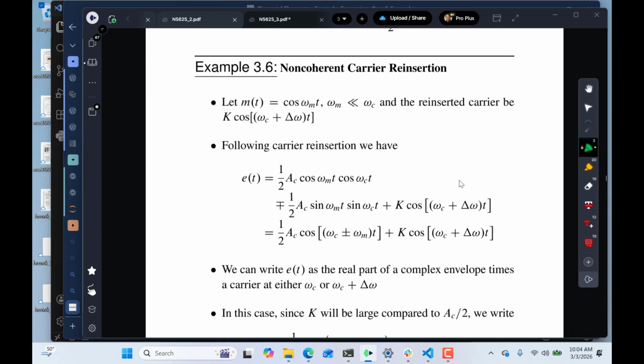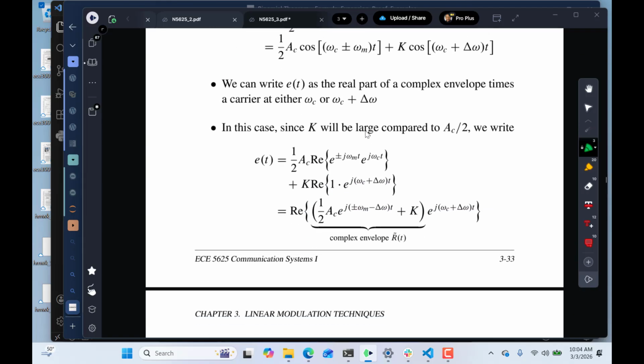So applying that to non-coherent carrier insertion, where we might reinsert a carrier that's just close in frequency, delta of omega or delta f hertz away, we can go through the same expansion idea here.